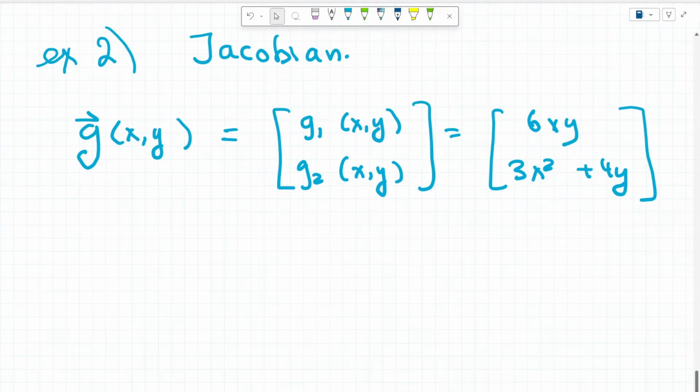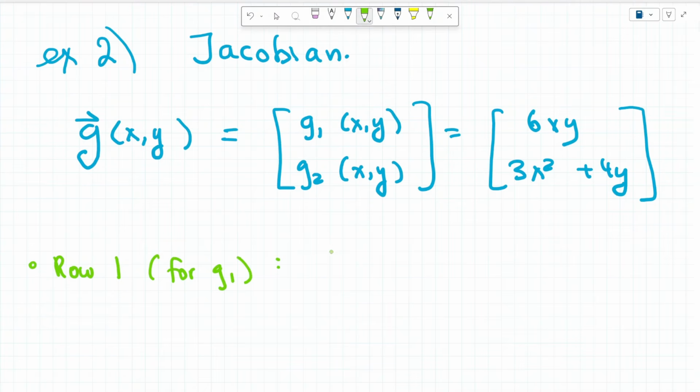So you can see how this all changes all together. Now what we want to do is evaluate how each output component changes with respect to each input. So we're going to start with row 1. So this is for g1.